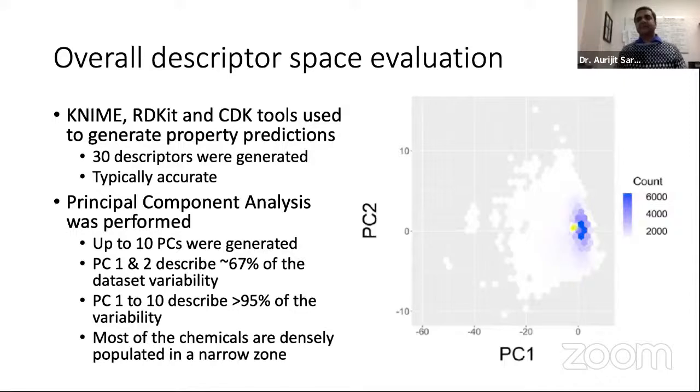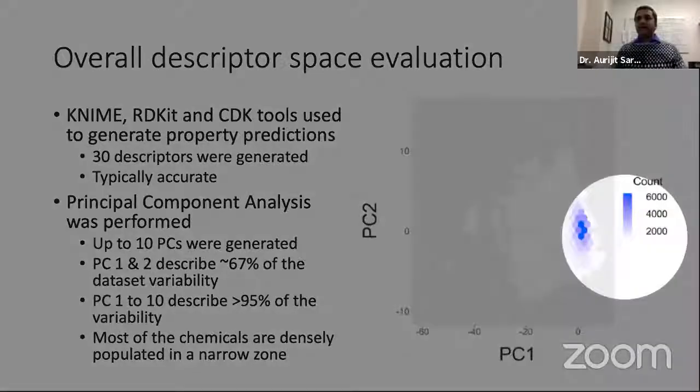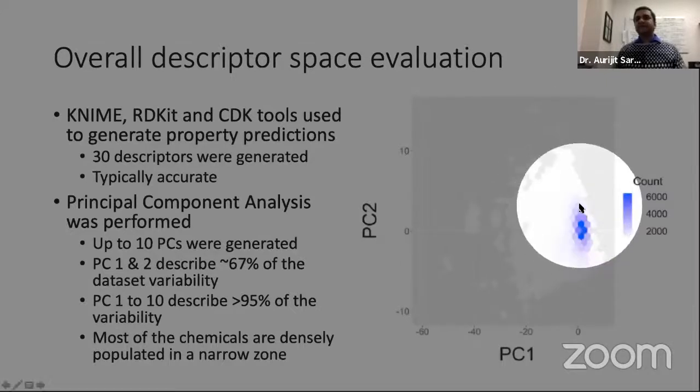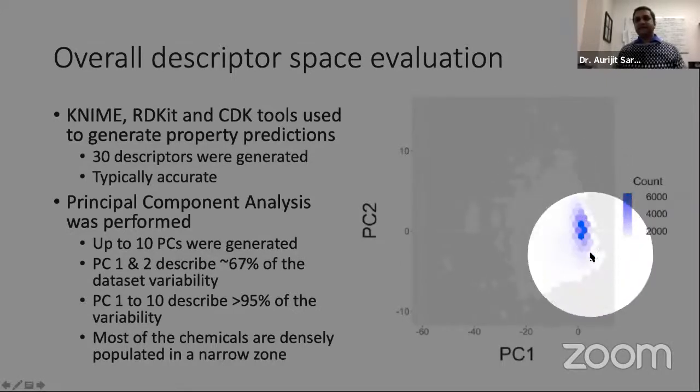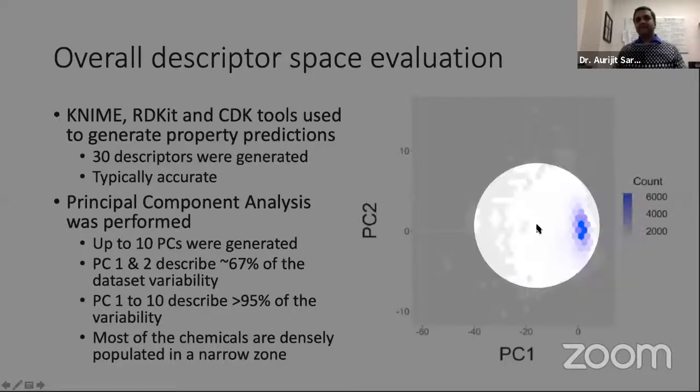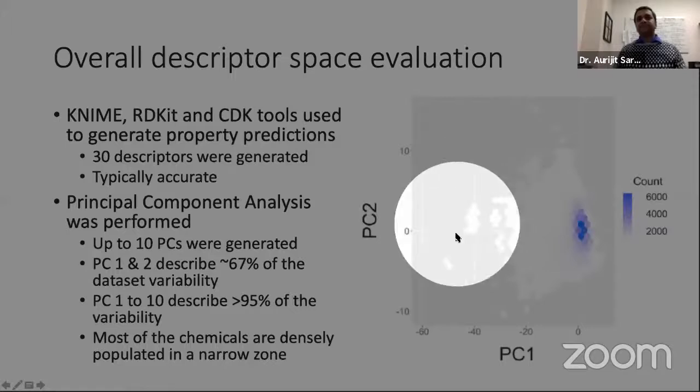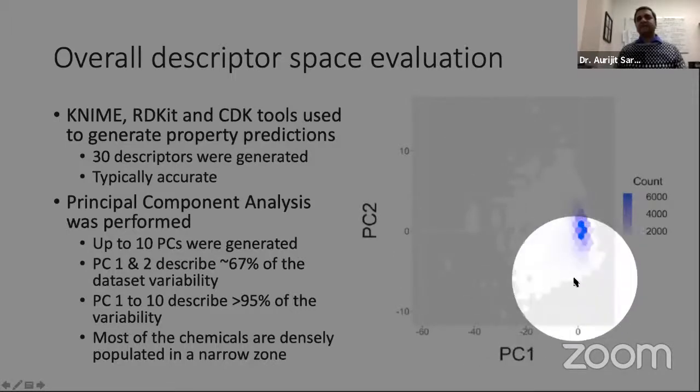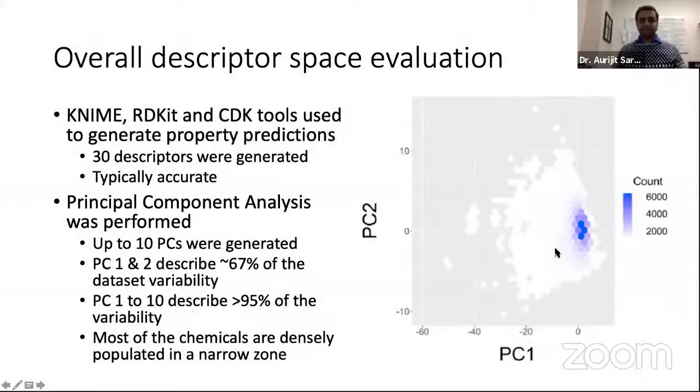It's quite dense. These white hexagons everywhere are 2,000 or fewer chemicals per hexagon. But it's still a pretty nice spread. And you can visualize that most of the chemicals lie within this narrow space right here. And yet these areas over here still have a significant amount of data points. So in other words, what I'm trying to tell you is that this is a very nice collection that covers a lot of different possible chemical properties.